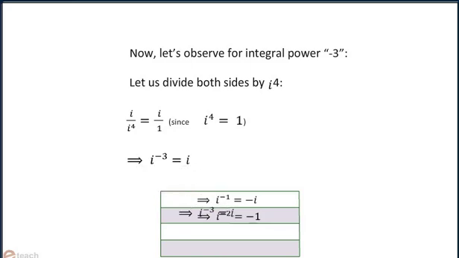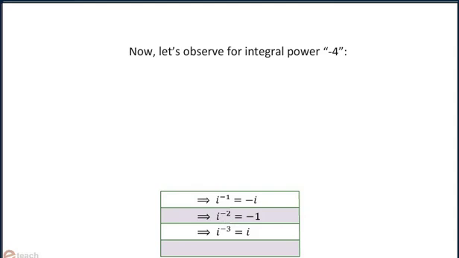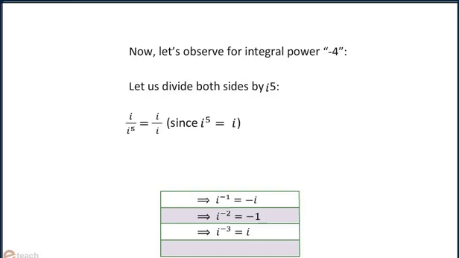Now, let us observe for integral power minus 4. Dividing both sides by iota raised to the power 5, we get iota by iota raised to the power 5 equals iota by iota. Since we know that iota raised to the power 5 equals iota, this implies iota raised to the power minus 4 equals 1.